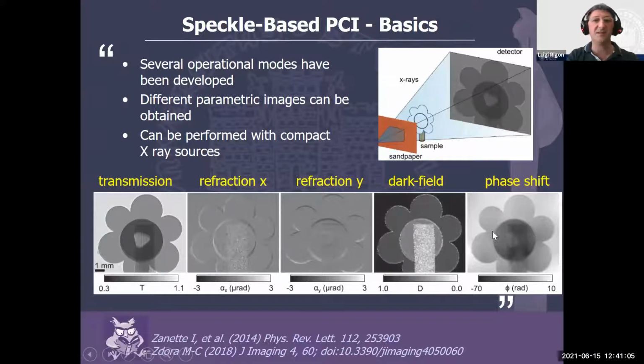This technique has been very recently introduced, but it's very interesting because it doesn't have particular requirements and can be easily performed also with conventional X-ray sources. The diffuser that you use to create the speckles can be as simple as a sandpaper foil. So it's very easy to implement.